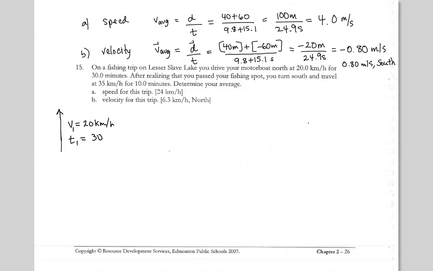So right off the hop, you should be understanding that there's an issue here. The issue is in the units. You cannot go with your formula for distance, d1 equals v1 t1, if they don't have corresponding units. 30 minutes, everybody should know this, that's half an hour.